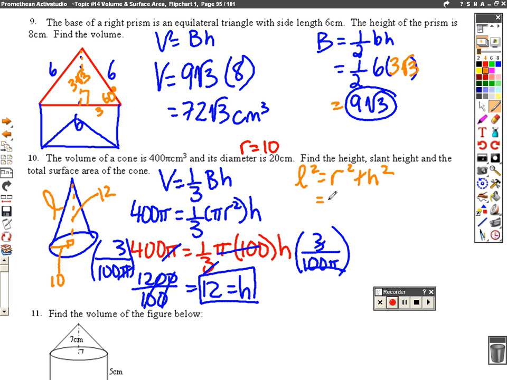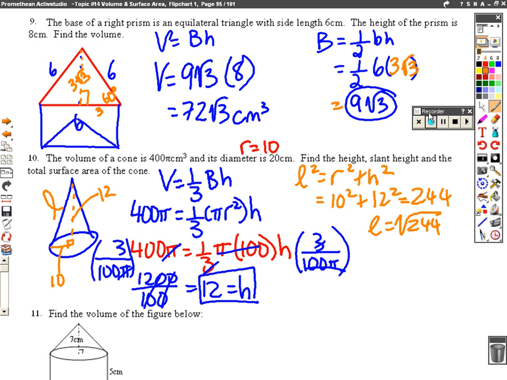So let's fill in our R. That's 10 squared plus 12 squared, which is 100 plus 144, or 244. So L is equal to the square root of 244. If you need to pause this and go back, go ahead. So that finds our slant height, which is the second thing we were looking for.